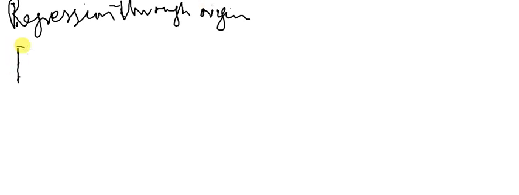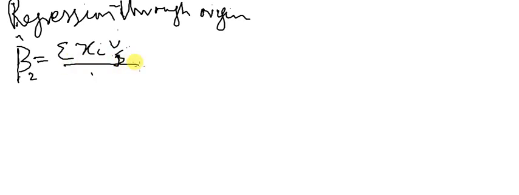beta 2 hat is equals to summation xi and yi over summation xi square.